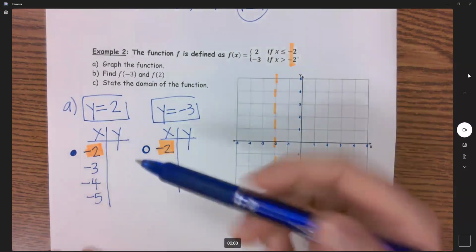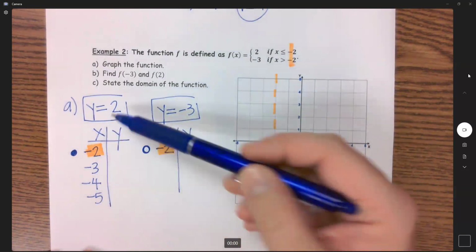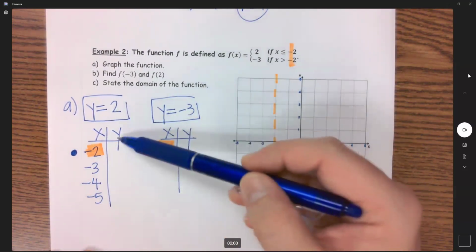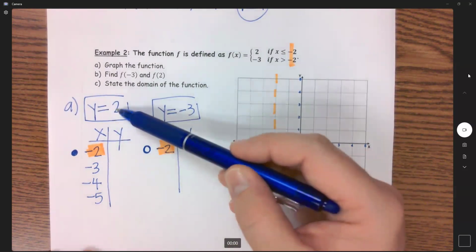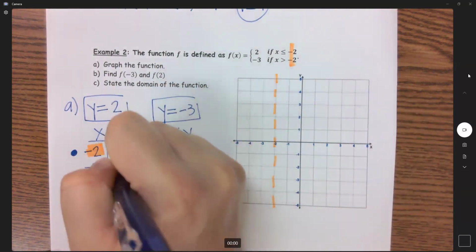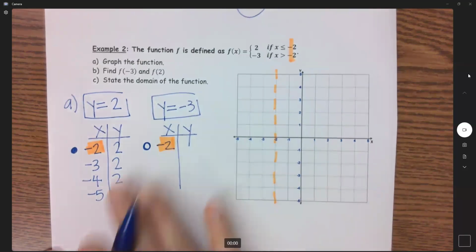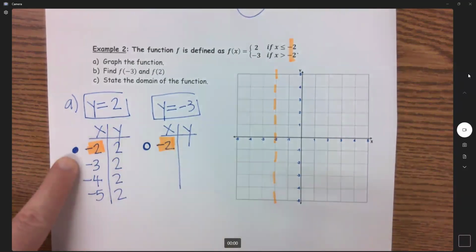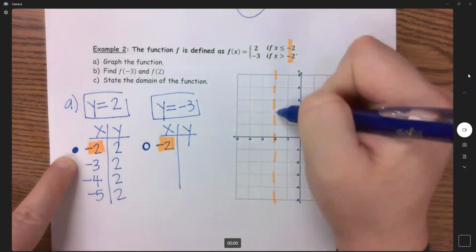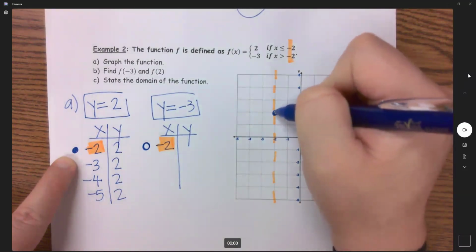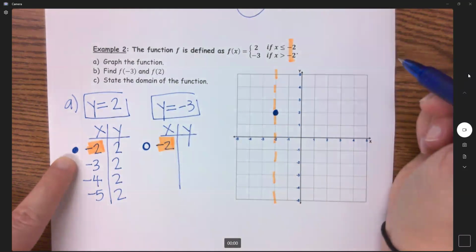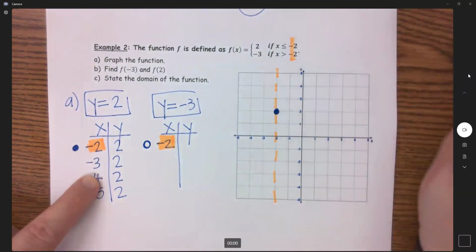Now with this one, it does not really matter what the x is because I have no x in this equation. It simply says that y equals 2. So this one means we have 2 all the way down. So let's go ahead and plot this side here. So I'm going to have a nice closed circle at -2, 2. And then we have regular points from here on out.